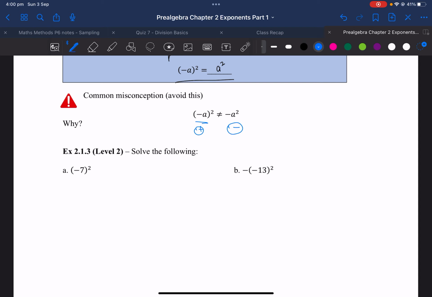Good. Which then is negative 169, because you square the negative, you get a positive, but then you negate that at the end as well.